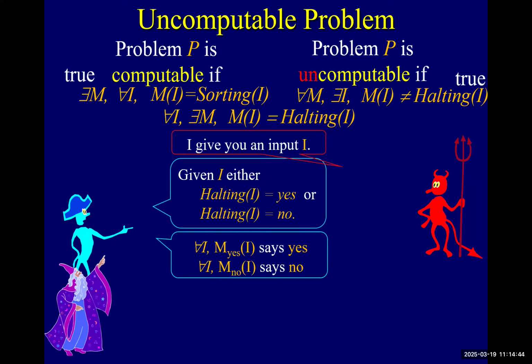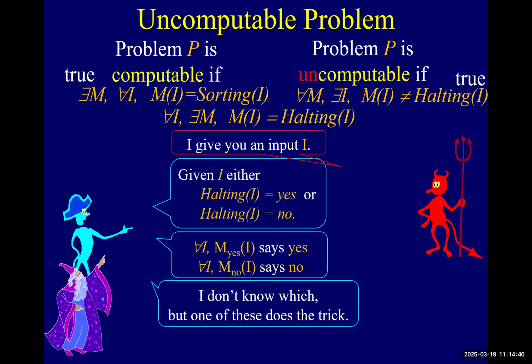On every input, it says no, right? Now, I don't know which of these gives the right answer, but one of them does, right? I know that there exists an algorithm that solves the halting problem on this input, because one of these gives the right answer, right? Does that make sense? Non-constructive proof.